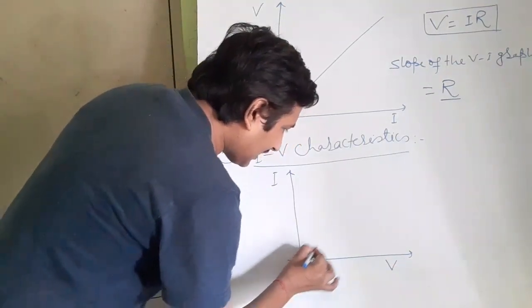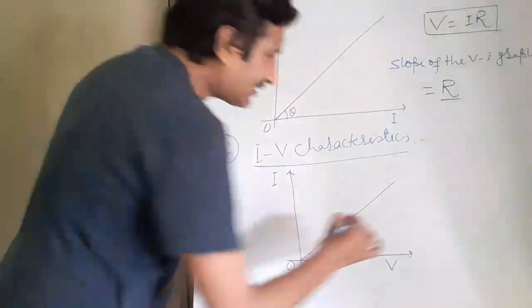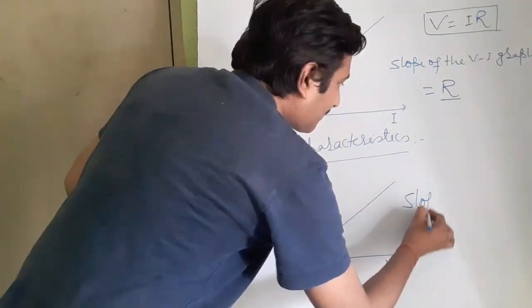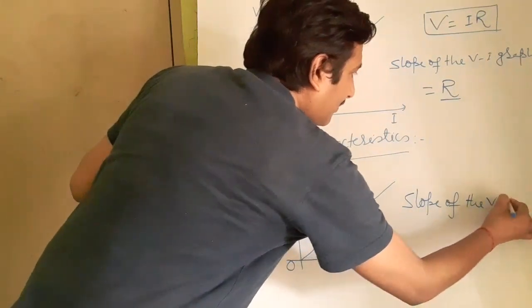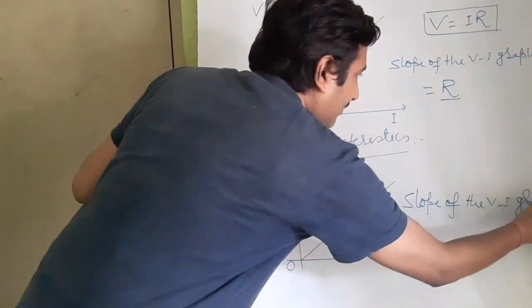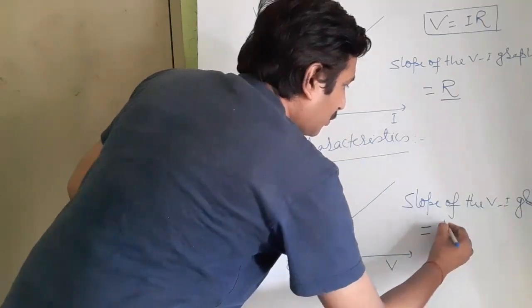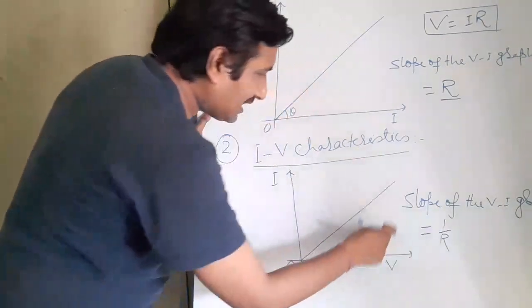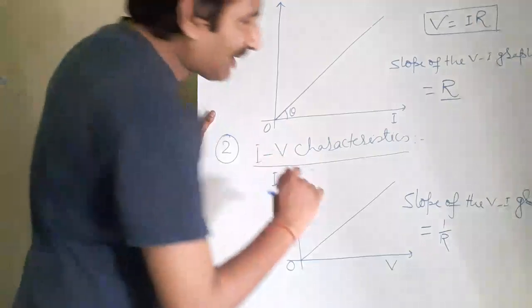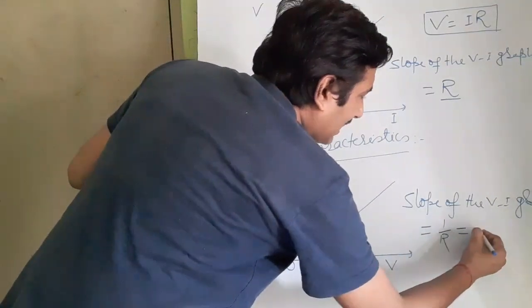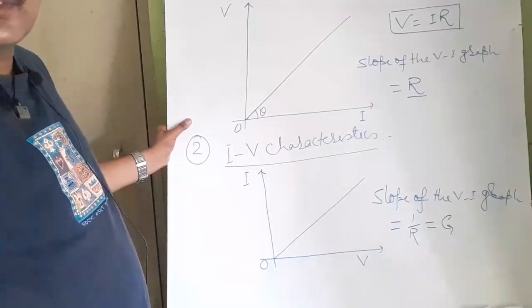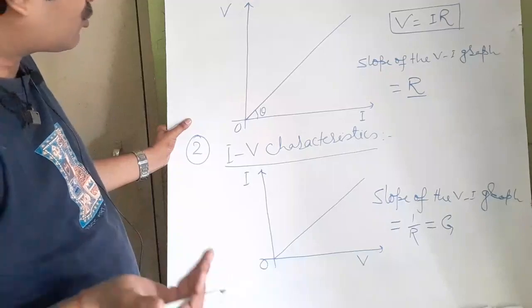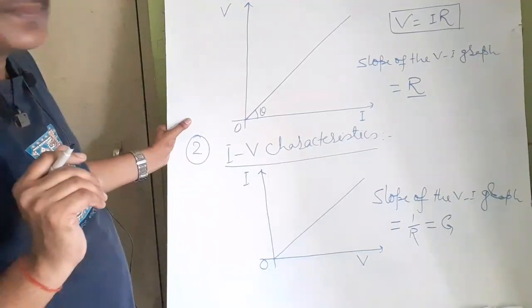This is also a straight line graph, and its slope gives you 1 by R. You see, I by V is 1 by R, and 1 by R is G, that is conductance. So the slope of the VI graph gives you resistance and the slope of the IV graph gives you conductance.